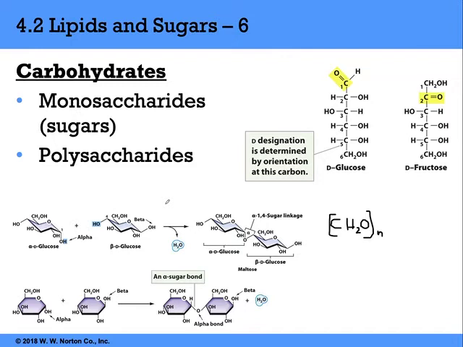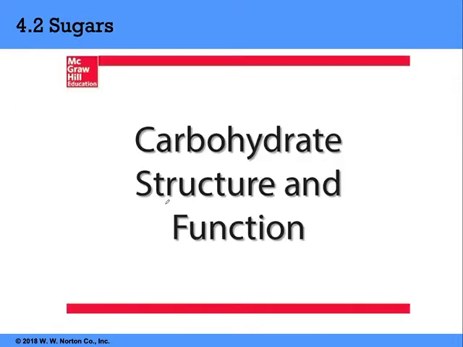That's called a catabolic reaction. So the energy that comes out of catabolic reactions is used to drive anabolic reactions. The combination of all the chemical reactions in an organism is called its metabolism. So let's take a look at carbohydrates.